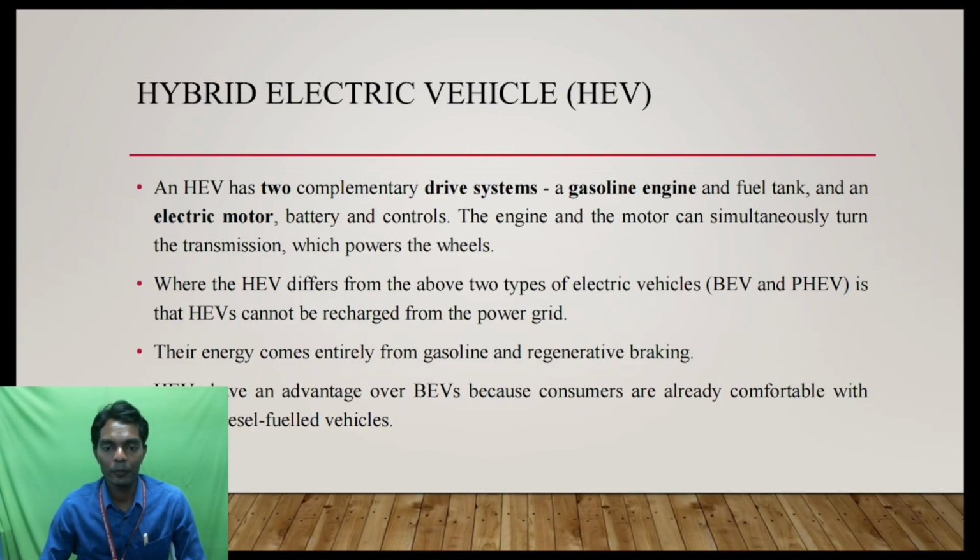We don't charge the battery by means of electrical power. When you drive the car with the help of the gasoline engine, the gasoline engine itself charges the battery, and also whenever you brake the car, the kinetic energy of the car is converted into electrical energy, and the electrical energy is stored in the battery. So that is the main difference here.